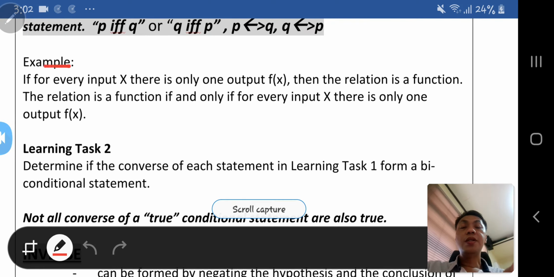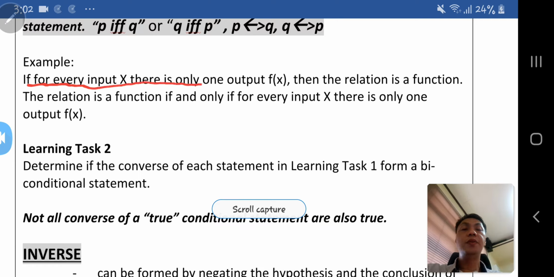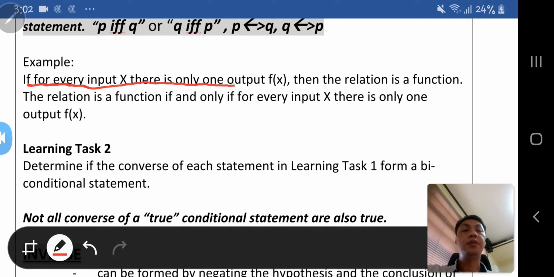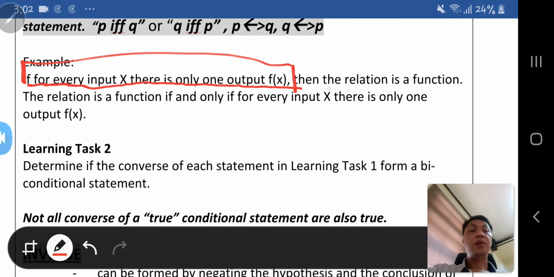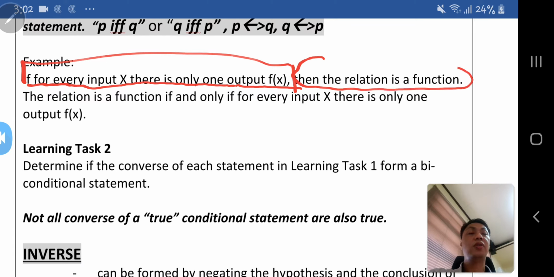The hypothesis of this statement is this one: if for every input x, there is only one output f(x). And the conclusion is, then the relation is a function.